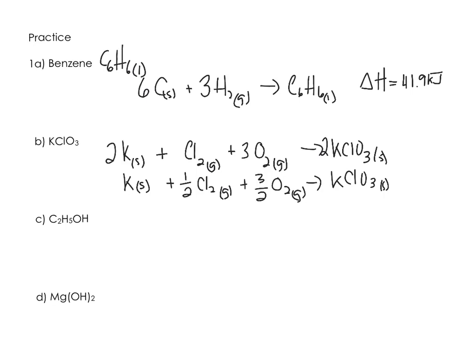So the delta H is negative 397.7 kilojoules. So that's your thermochemical equation for the formation of potassium chlorate from its elements.